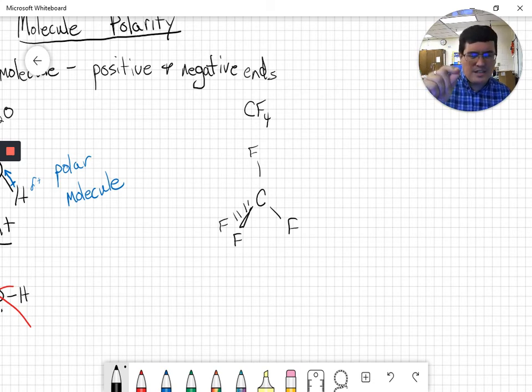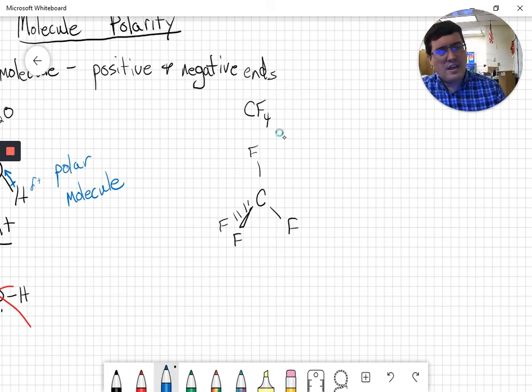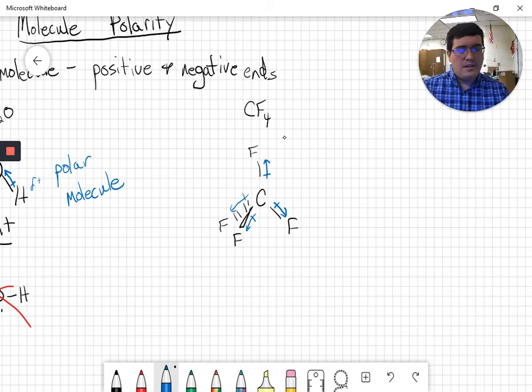Anytime it is bonded with some other element, it is going to be drawing the electrons away in that bond. So I know those electrons are all going to be drawn towards these fluorines, which means our carbon has a quadruply positive partial charge, and the fluorines all have partial negatives.